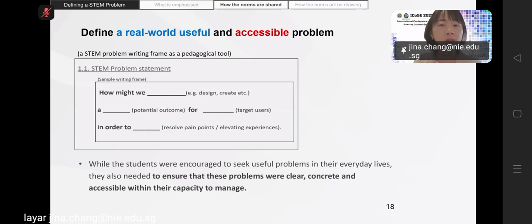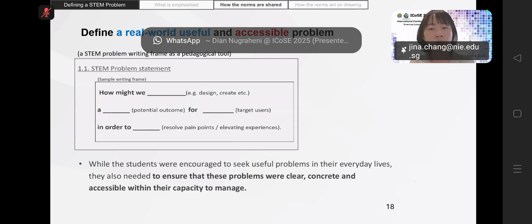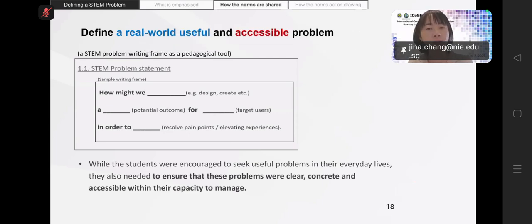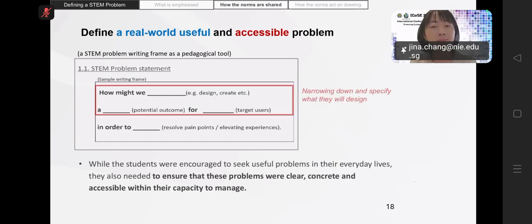Students are required to fill in each blank. This frame allows students to narrow down their ideas, what they will design, and who their target users will be, and to concretize the usefulness of a problem. In this sense, this frame worked as an epistemic scaffold in defining STEM problems.